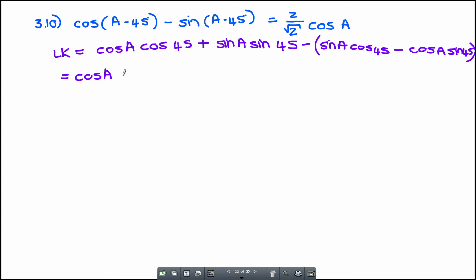Ja? 1 over square root 2. Nee, ek het hom op die vierkantswortel 2 op 2. Maar dis net it's already rationalized, maar dis nie nodig nie, dis okay. So jy het hom as 1 op vierkantswortel 2. Okay, good. You could have just said a dot as well, nee? Same thing. Okay, plus sin A, and then sine 45 is how much?